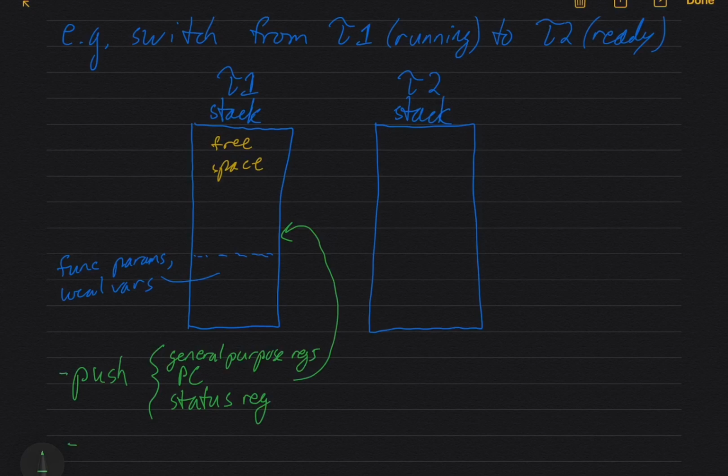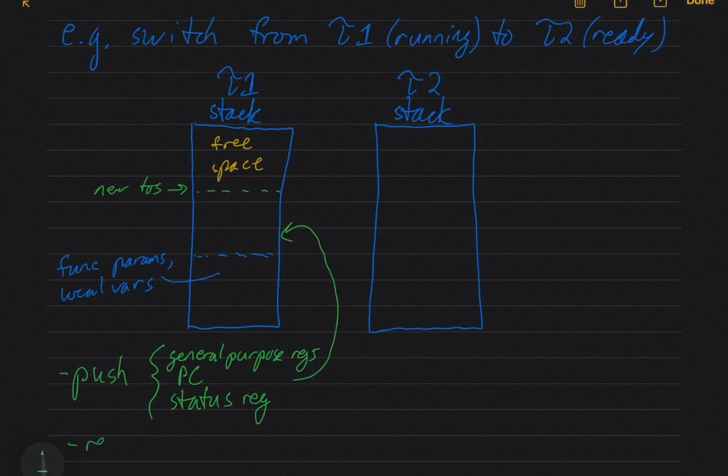And we're not quite done. Before we switch to task 2, we need to record where the top of the stack now is. So this is the new top of stack here. We need to record that in the TCB.